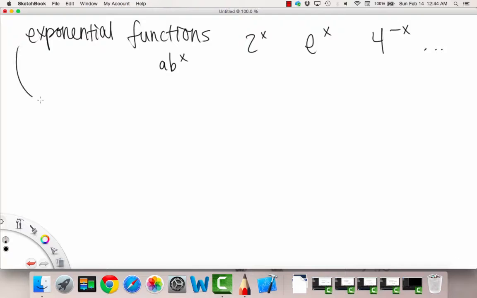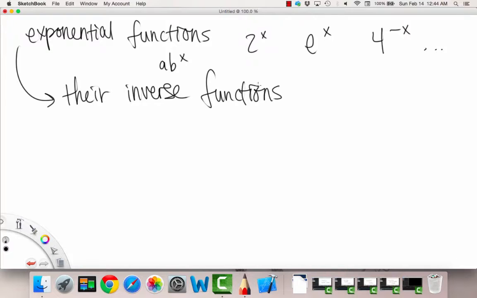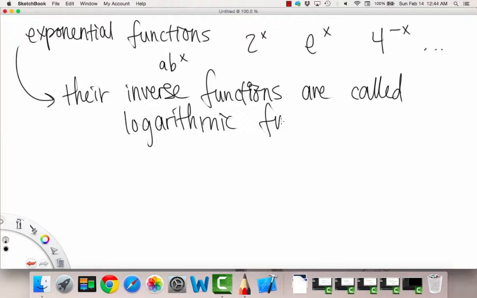But now we're going to see that their inverse functions, so the ones that undo the effect or reverse the effect of these, are called logarithmic functions or log functions. Okay, so what do I mean by this? Let's say we have some f of x equal to b to the x.